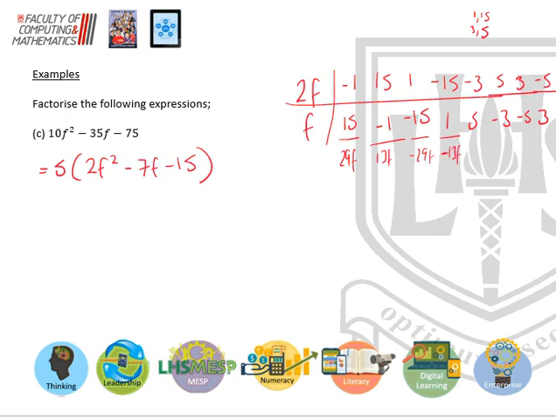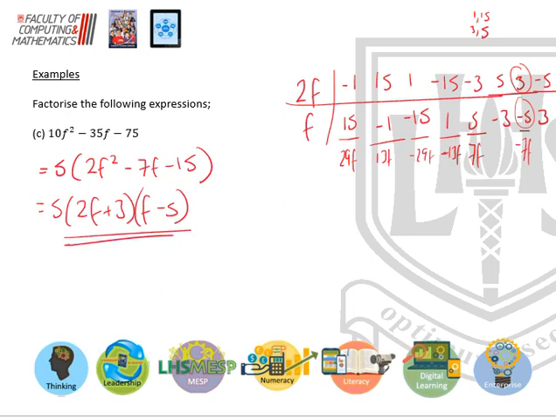So none of the first four are any good. 2f times 5 is 10f, minus 3 times f is minus 3f, so that's positive 7f, not quite. Now I know those give me the right kind of value. Let's look at the signs changed round. 2f times negative 5 is negative 10f, f times 3 is 3f, that's negative 7f. So that one there, 2f goes with 3, f goes with minus 5. So it's 5, 2f plus 3, and f subtract 5, that's the bracket. That's your expression factorised fully.